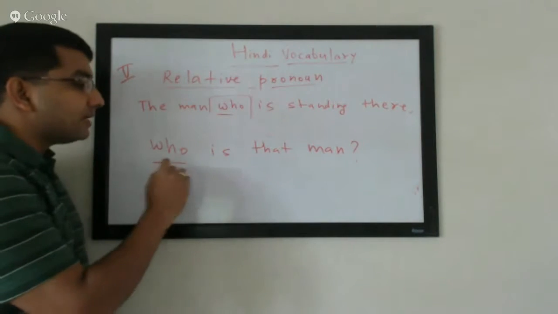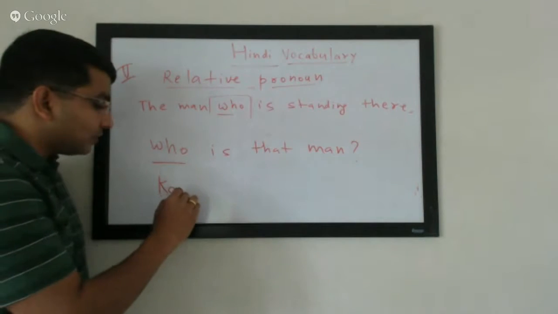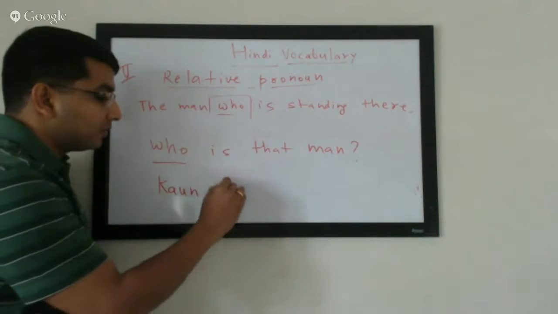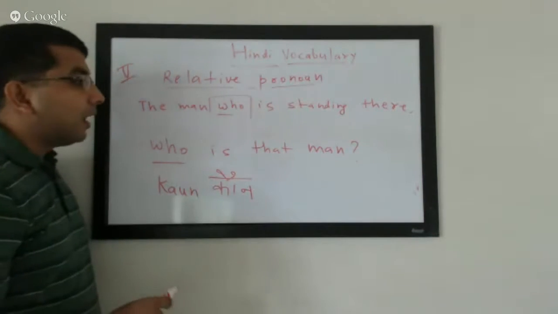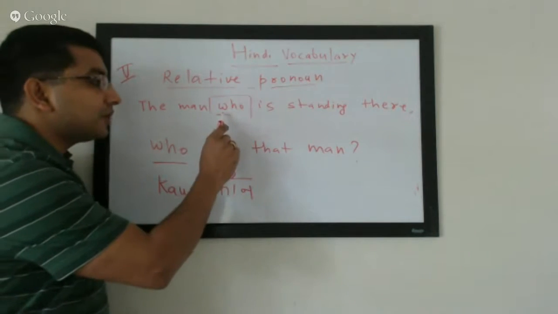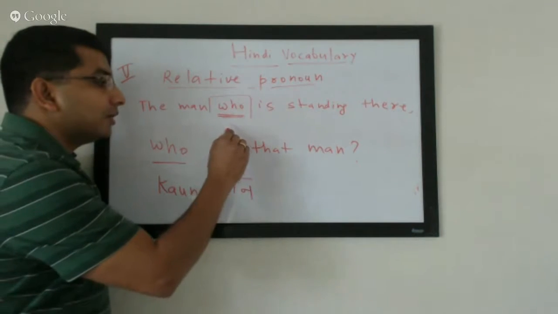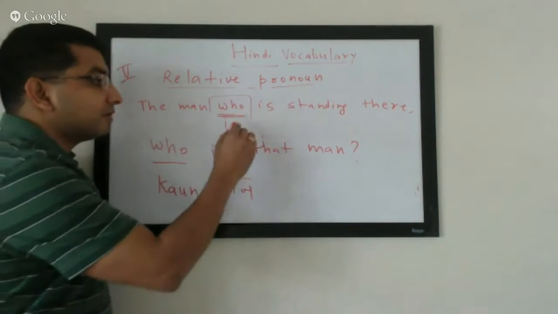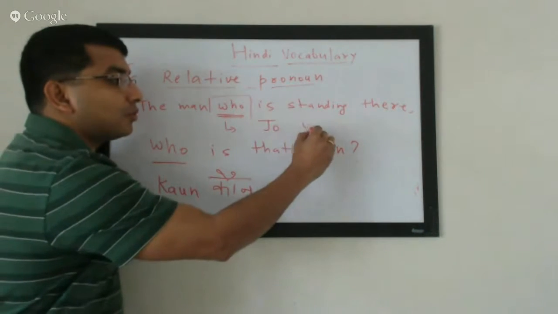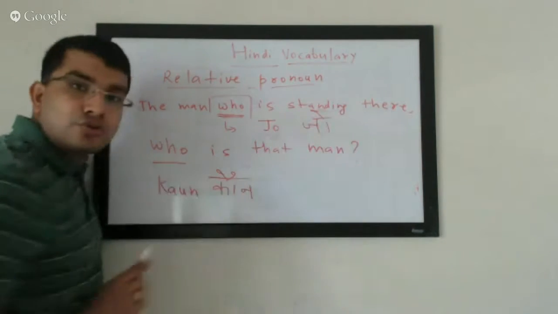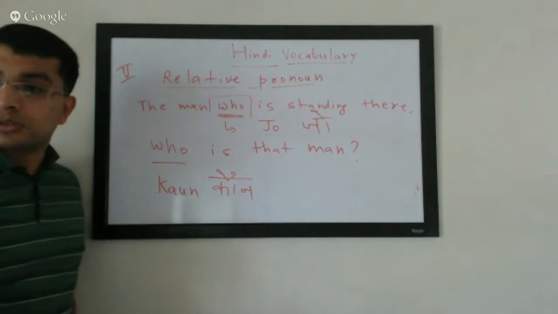In Hindi, when you ask "who is that man," you say kaun: वह कौन है. But when using a relative pronoun, it will not be kaun. The same "who" in Hindi will be jo. That's a fundamental difference between how Hindi works versus English.